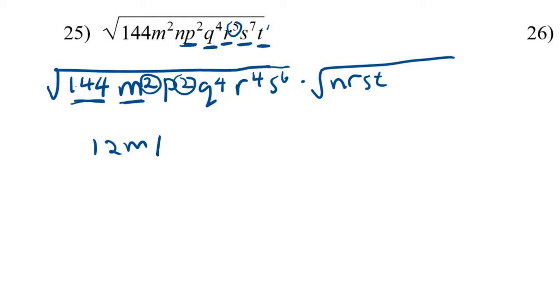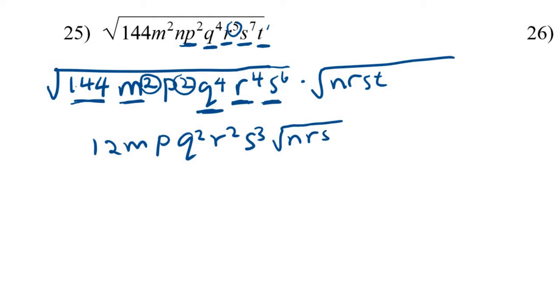Similarly, p squared is just p. But for q to the 4th, it will be q squared. r to the 4th will be r squared, and s to the 6th will be s cubed. And now you can just write the other ones that cannot be simplified, like that.